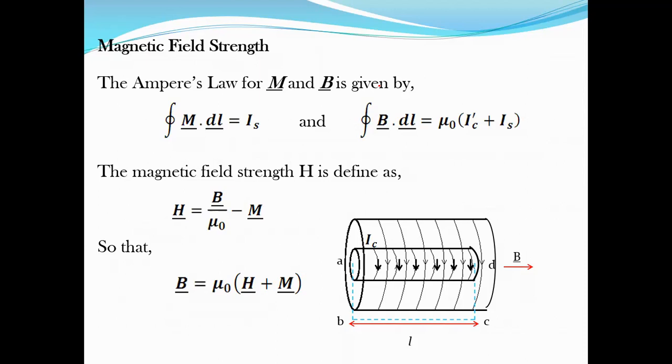So therefore we can write down, by using Ampere's law, one expression for the surface current and the other for the total current, right? Then the magnetic field strength we will define as this, right? So finally we can write B as the subject: B is equal to mu naught into H plus M.